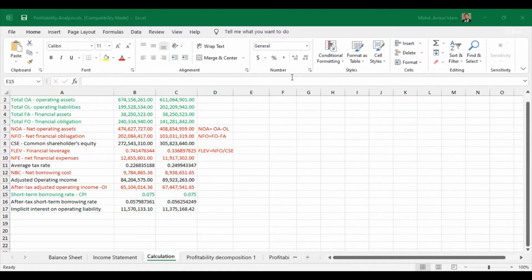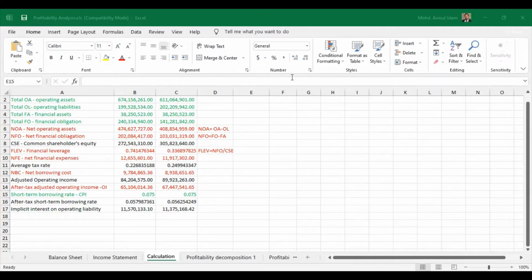So it will also have impact on my income statement and profit in general. We'll talk more about it later, but we have recognized that for incurring operating liabilities, like the credit purchase with accounts payable, or it can be utilities payable, wages payable, or others payable, we have to incur some implicit interest cost.